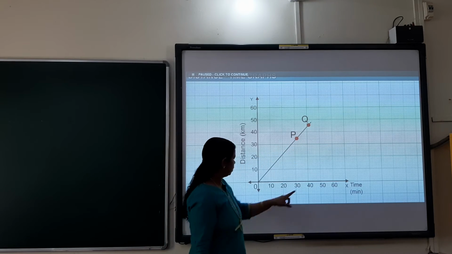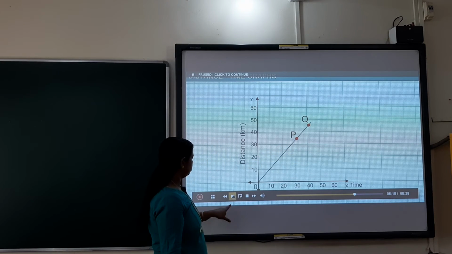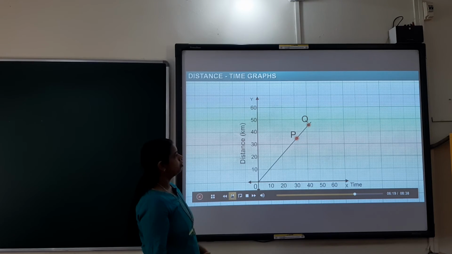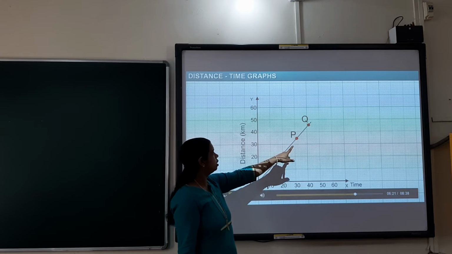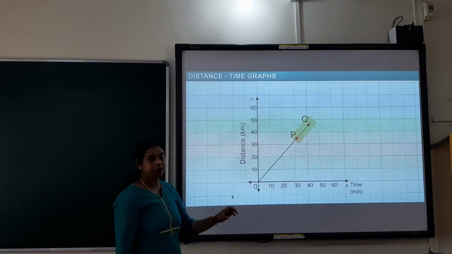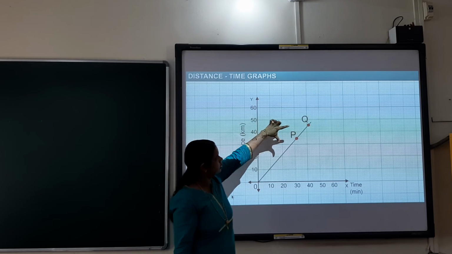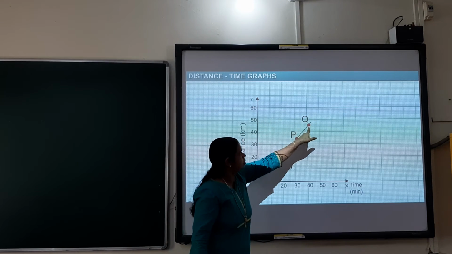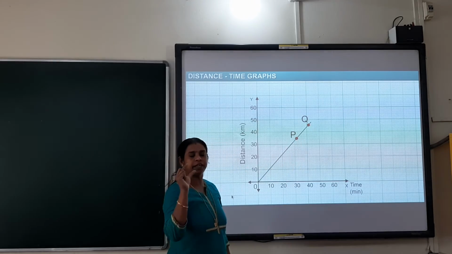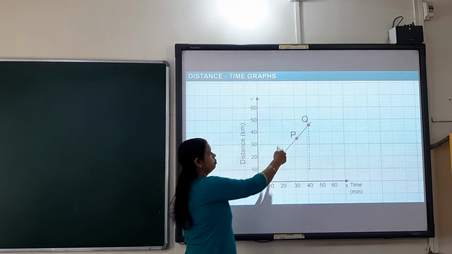Then the perpendicular distance. Here P is any point on the graph and Q is also any point. We have to take a small portion of the graph, that is PQ.